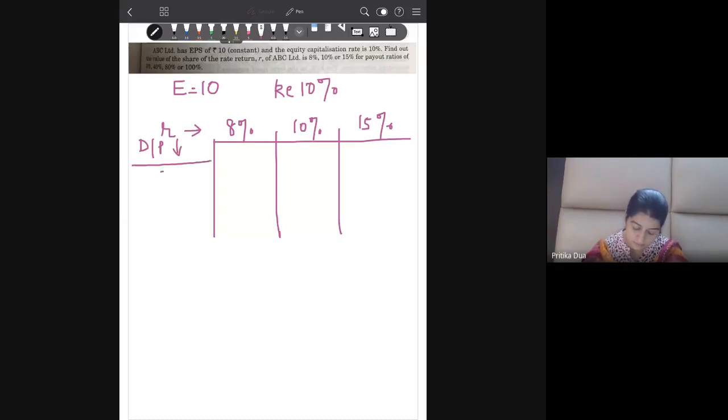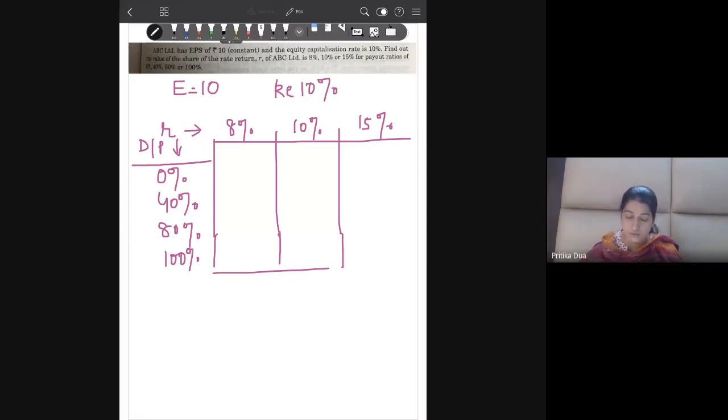is 0%, 40%, 80% and 100%. ऐसे क्वेश्चंस हमने करे थे यूनिट 4 में भी. So it's just a recap. You have 3 into 4, 12 cases. You will put the formula 12 times and you will get the answer.